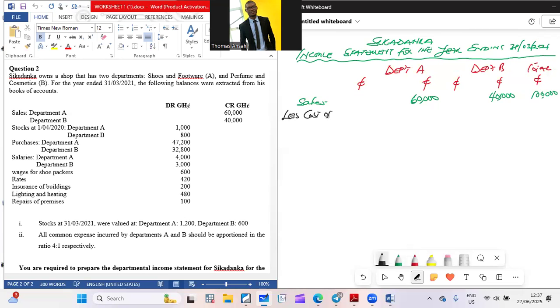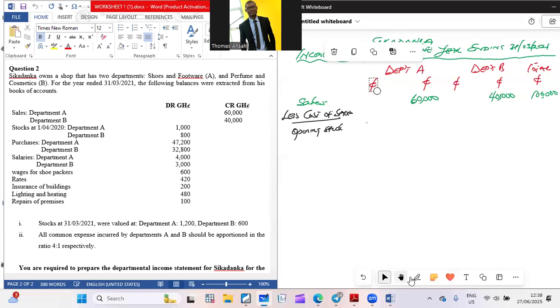Cost of sales. How do we start cost of sales? Opening inventory. So you start with your opening stock. How much is opening stock? Department A is 1,000.